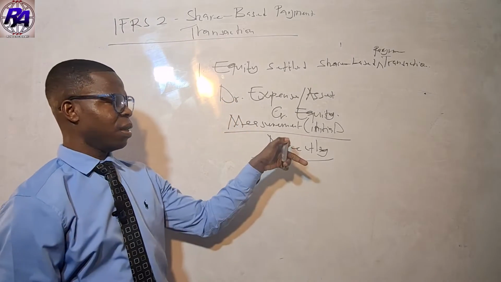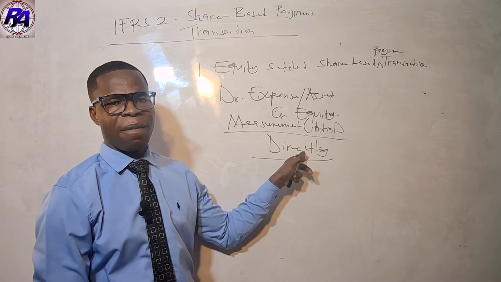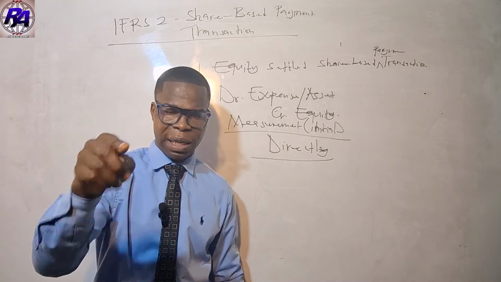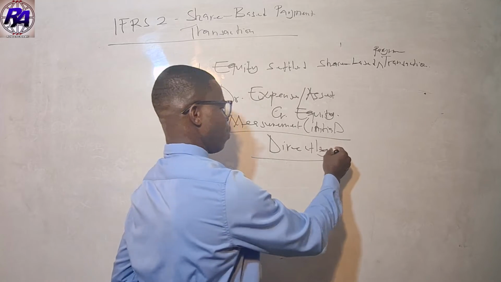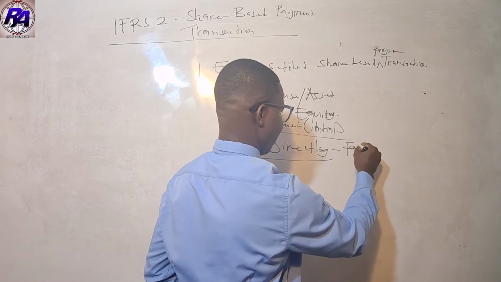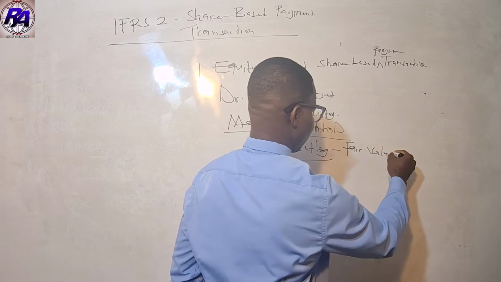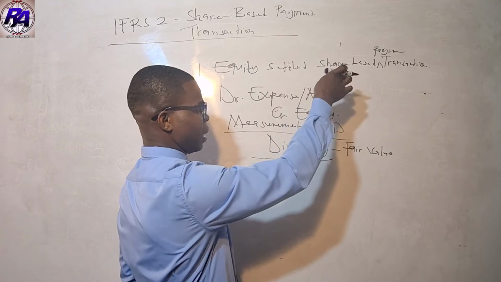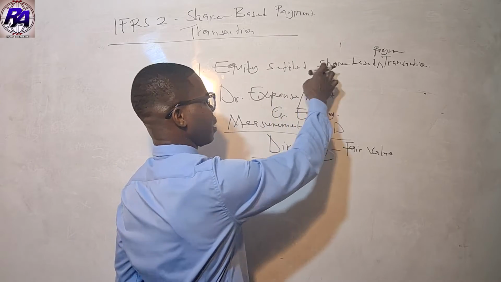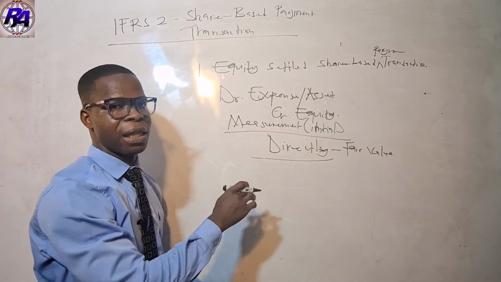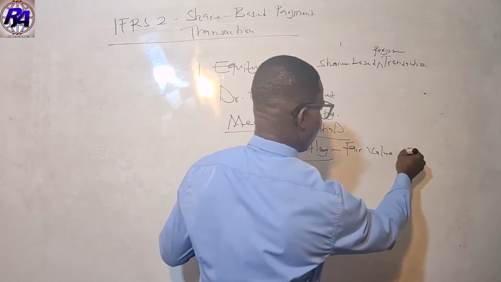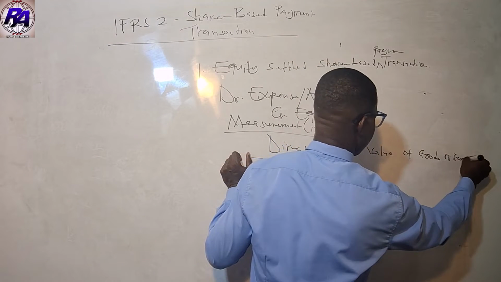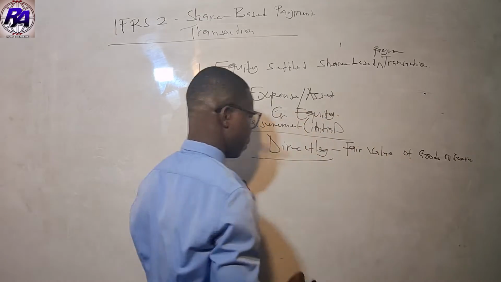Now, what is the meaning of measuring your goods and services directly? It simply means that we are going to measure the goods and services at their fair value, using the fair value of the goods or services being received by the entity.